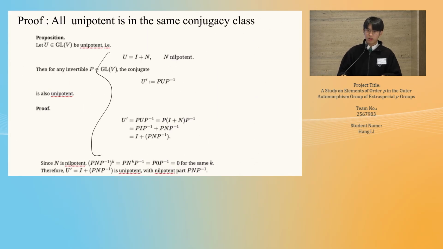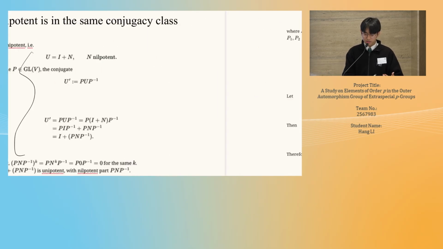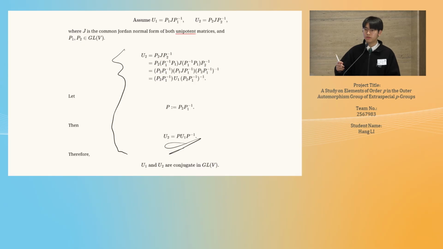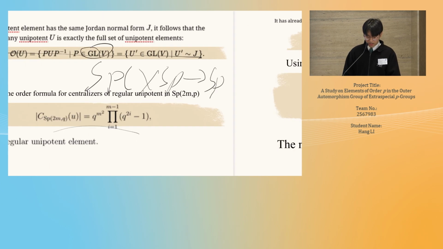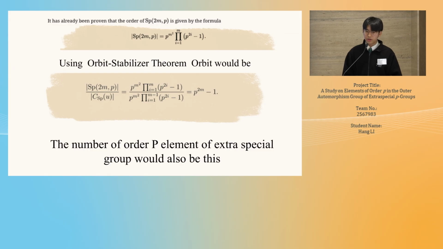The proof of this is not in the paper because I changed it. The original proof is proved by another method, but not in this. This is my proof. By the orbit-stabilizer theorem, the order of the symplectic group is also given as this.